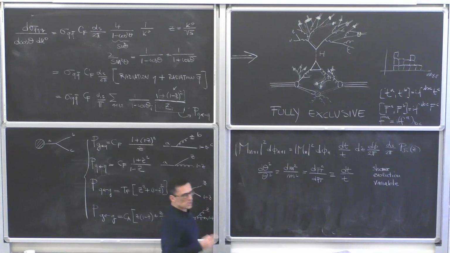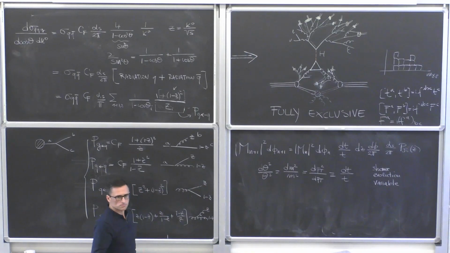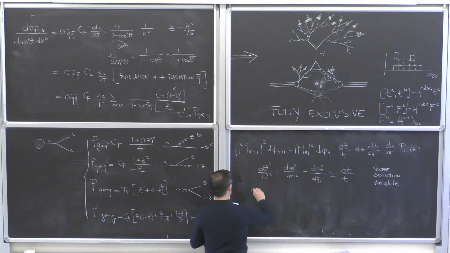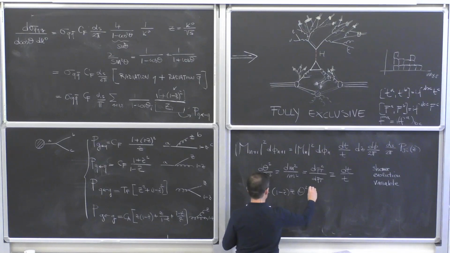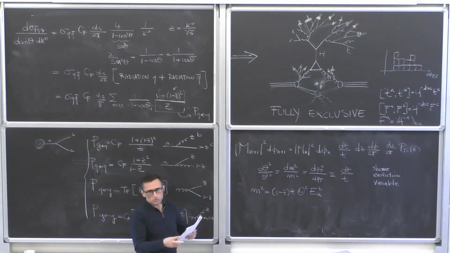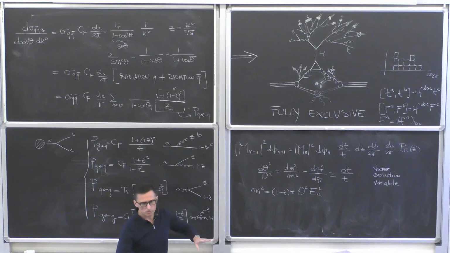Okay, so it's a collinear evolution. For example, m squared, you can rewrite it like (1 minus z) theta squared E of the matter squared. You can just take the kinematics, right?